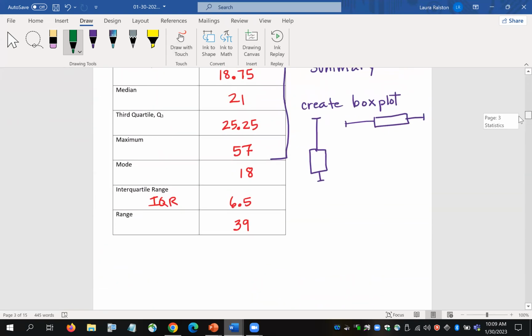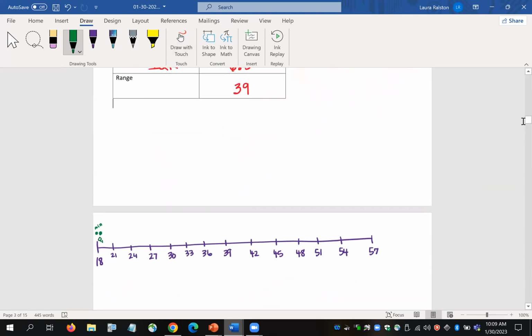My median was 21, so I'm going to put a dot at 21. That's the median. 25.25 was Q3. And then 57 was my maximum.